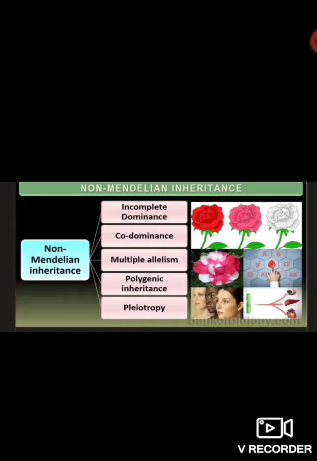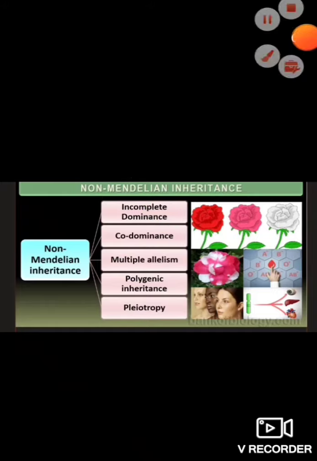So what is polygenic inheritance? In multiple allelism there were more than two alleles, and in polygenic inheritance, if there is more than one gene for a character, then we call it polygenic inheritance. Very simple. For example, we have seen height and skin color.